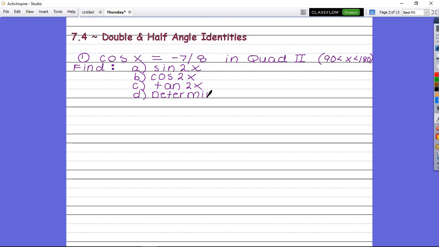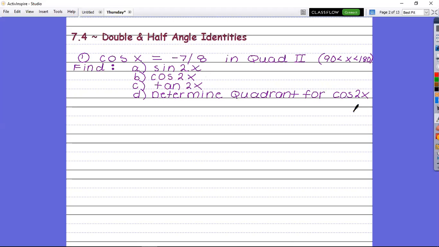So determine the quadrant for cos 2x. All 4 of those questions are going to go with this.